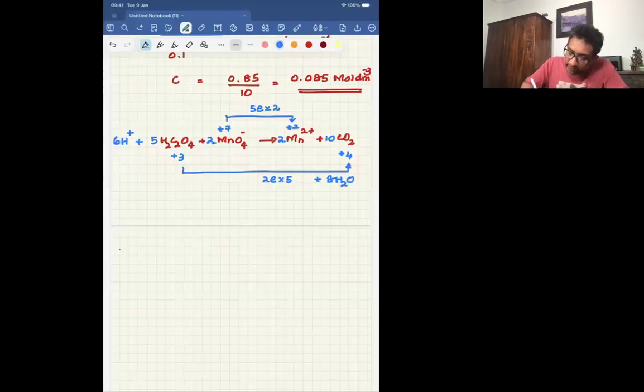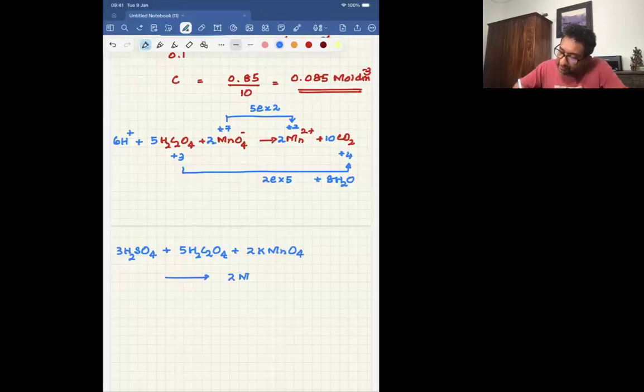H plus means sulfuric acid. 3 sulfuric. How do you get 6 H plus? By adding 3 sulfuric. 5 H2C2O4, 2 KMnO4, potassium permanganate. Now you all see 2 Mn2+, 2 manganese sulfate.